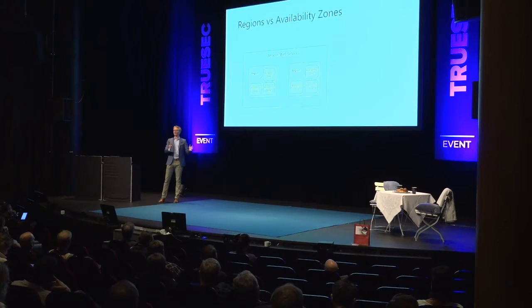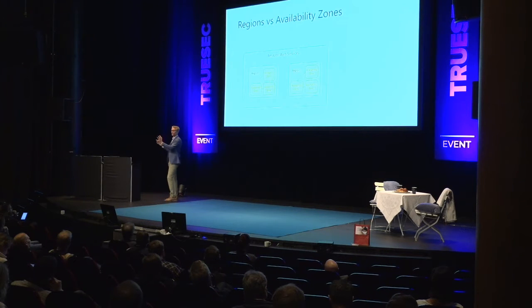So the point I'm trying to make, like if there is a power outage, that's a better example. Of course, they have backup power. But still, if something goes completely wrong in one data center, that shouldn't affect the other availability zone.